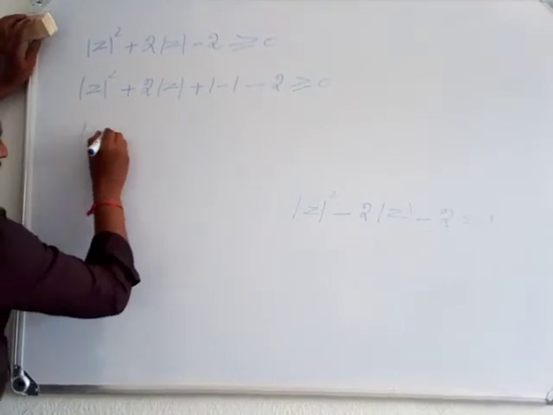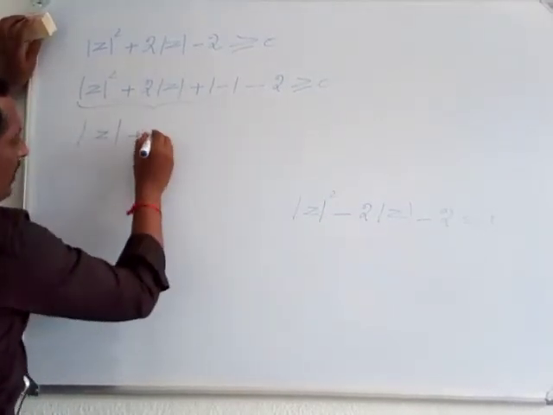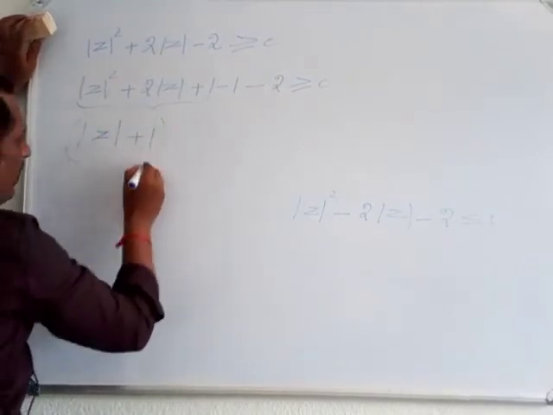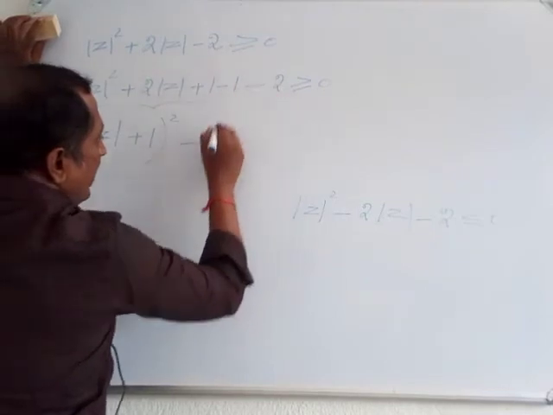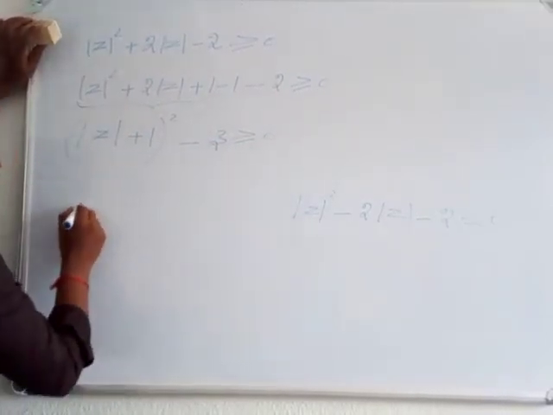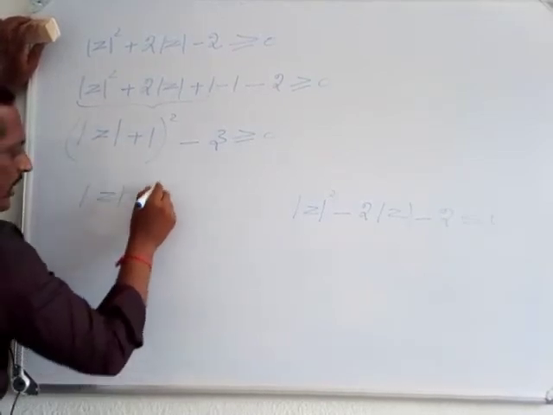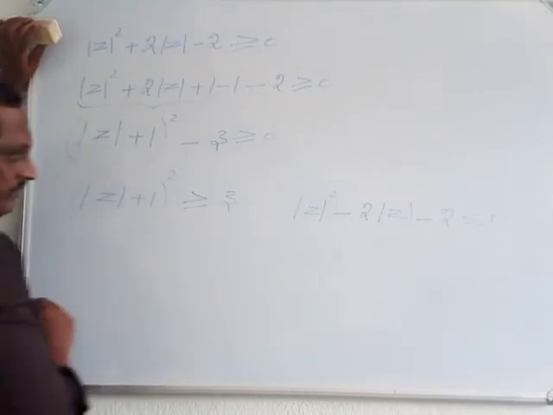This implies modulus of z plus 1 the whole square minus 3 is greater than or equal to 0. This 3 goes to the right side, greater than or equal to plus 3.